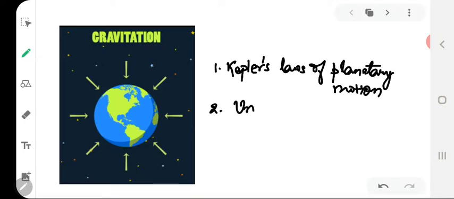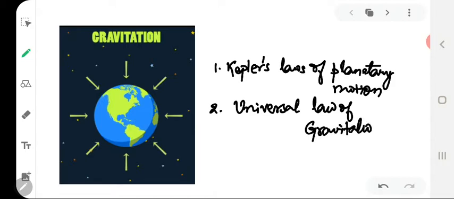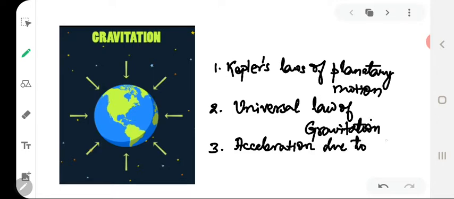Then we will discuss the universal law of gravitation given by Sir Isaac Newton and its importance, and we will understand what is acceleration due to gravity. So let's quickly start with the first topic, that is Kepler's laws of planetary motion.